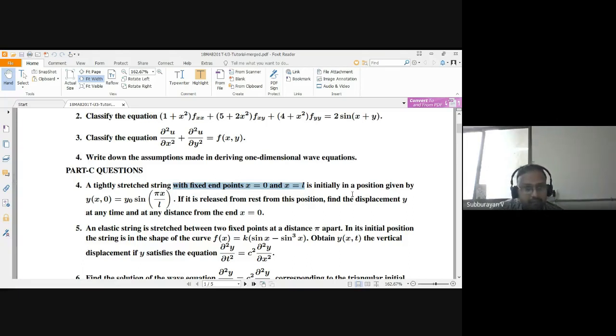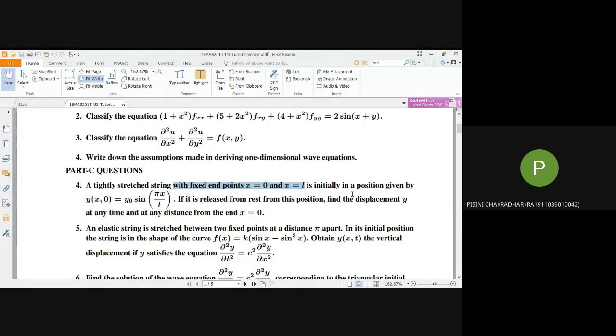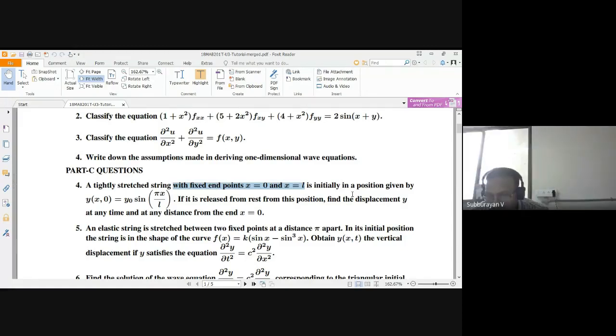So the only thing left is the summation n equal to 1 to infinity of sin n pi x by L into cos n pi ct by L.